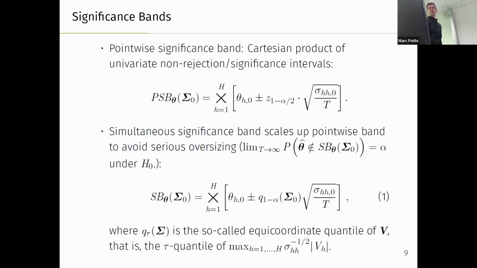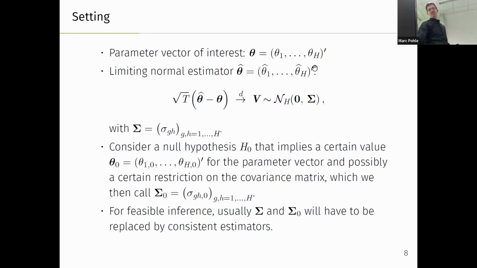So we need a maximum of standard normal random variables, but correlated standard normal random variables, with an absolute value around this. I won't explain this in detail, but the maximum comes from the fact that you want to calculate the joint asymptotic coverage of such a band, and then the single theta hats all have to fall inside this band.